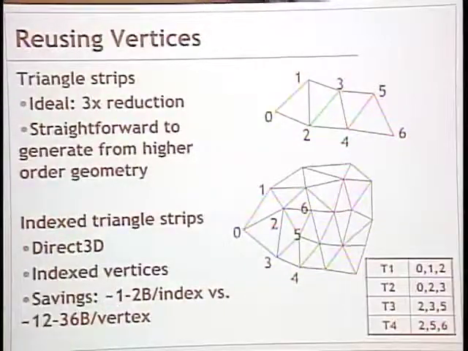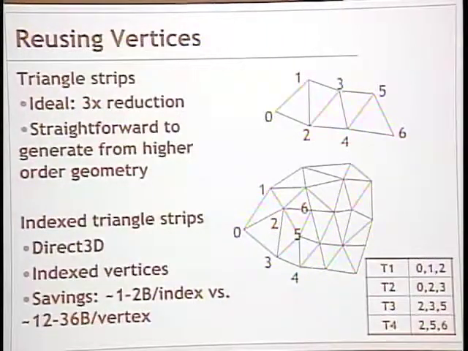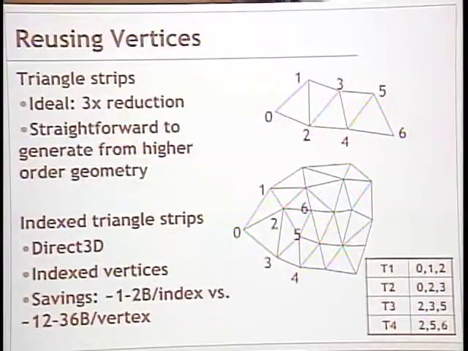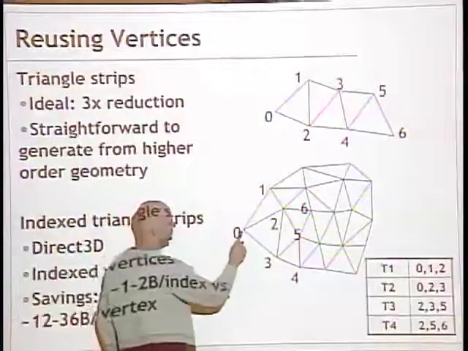We'd like to do even better, though. Direct3D has indexed triangle strips. I think OpenGL is something like this right now. The way it works is that you send in one big mass of vertices, and then you send in their connectivity information as a little tiny table. So you say, triangle 1 is 0, 1, 2.